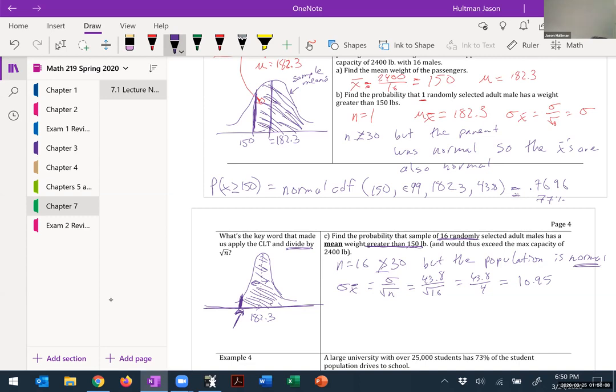So let's take the probability that the mean is greater than 150 pounds, given that we've increased our sample size from 1 to 16. So that's normal CDF of 150 to E99. The mean is the same, 182.3, and the standard deviation is 10.95.